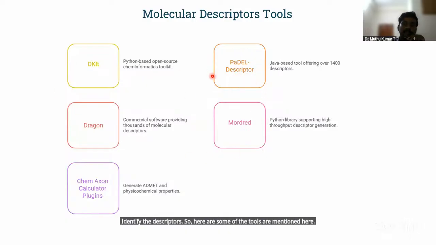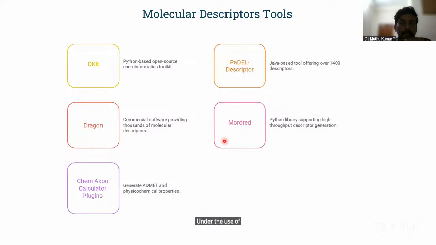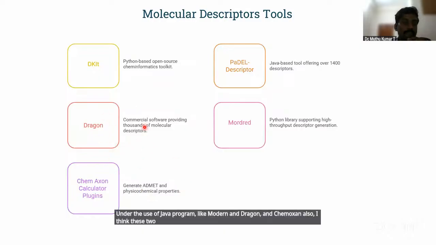PaDEL descriptor, which works using a Java program, and Mordred, Dragon and ChemAxon also. I think for these two we require a license, or we can pay if needed, and CDK. So these are the tools where we can generate the molecular descriptors.